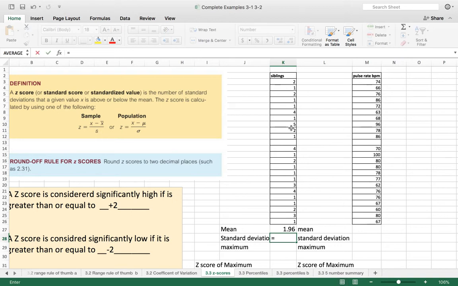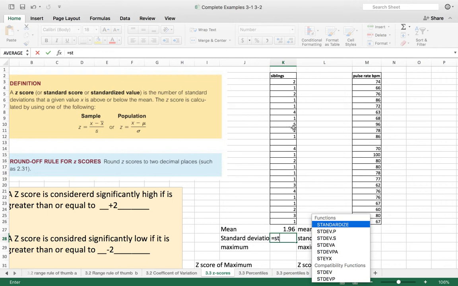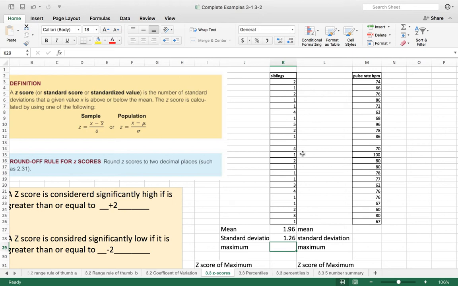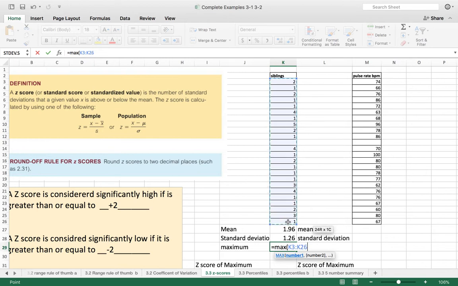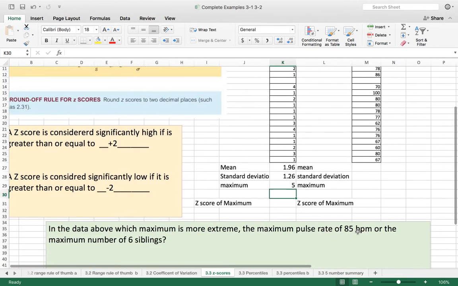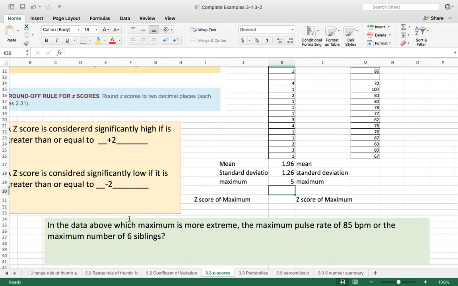Now I'm going to find the standard deviation. And I'm just going to do a standard deviation of a sample. These are all things I need for my z-score. And then I can find my max by saying equal max and just make sure that it is right. The max is 5 siblings, so that needs to change to 5.